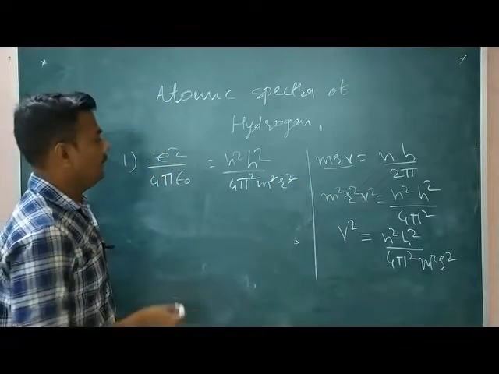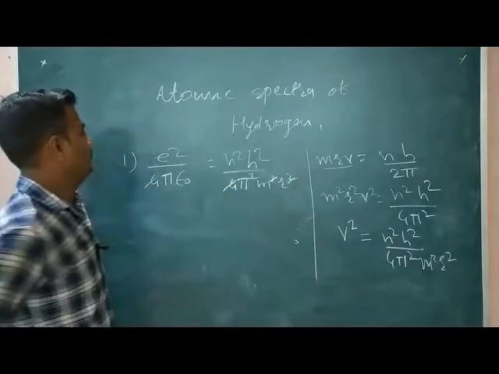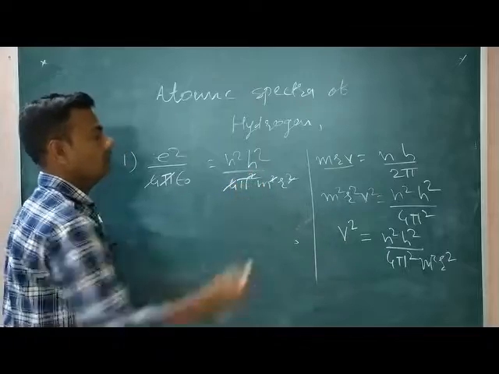Okay, and this 4 cancels with this, pi cancels with this square. What is remaining?